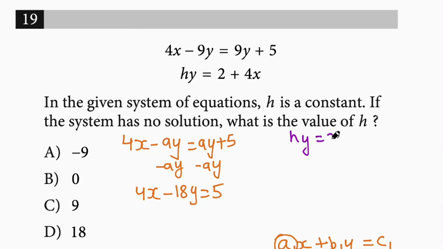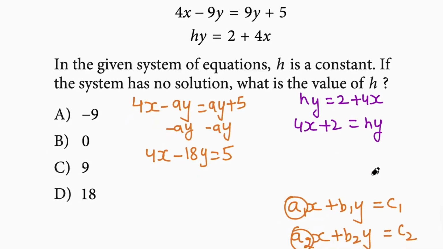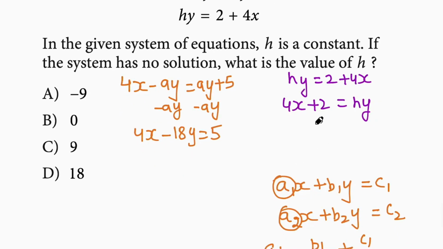Now let's see the second one. hy is equal to 2 plus 4x. Let's just change them as a whole like this. Subtracting hy on both sides because I need hy on the left hand side, 4x minus hy plus 2 is equal to 0 because this is cancelled.